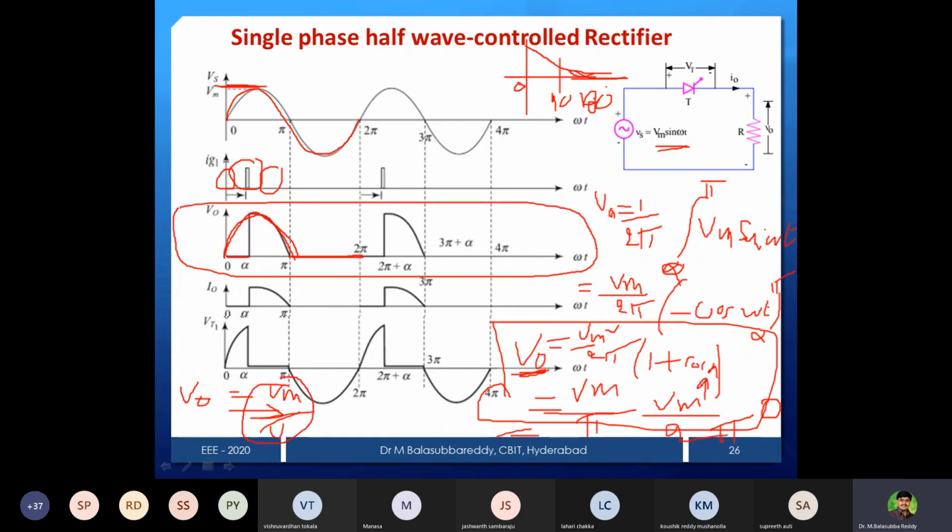Whereas here, I will get Vm by 2 pi into 1 plus cos alpha, and this is Vm by pi. Here there is no variable parameter. This one is a fixed one. This one is a variable one. So this is the difference between the diode rectifier and the phase control rectifier.